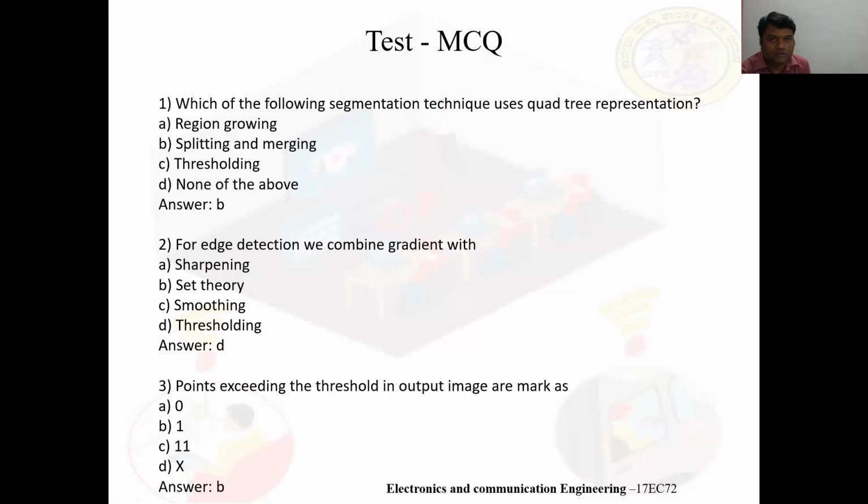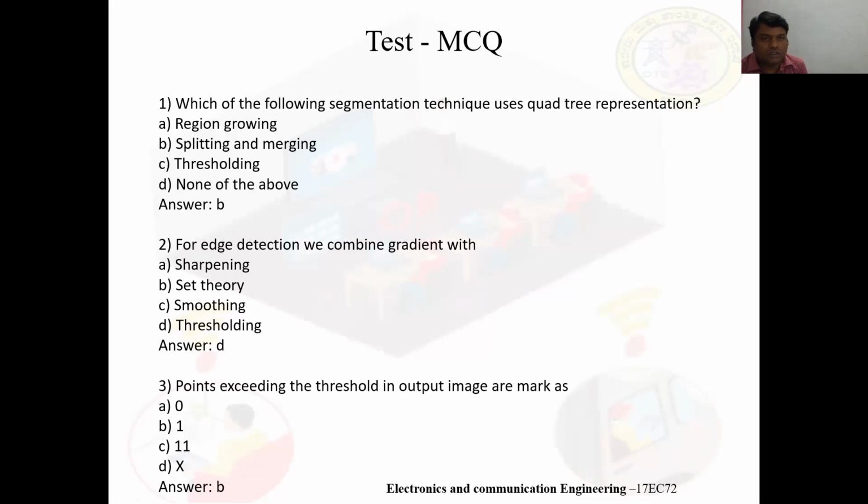We will go for multiple choice questions. Which of the following segmentation techniques uses quadtree representation? Region growing, splitting and merging, thresholding, none of the above.